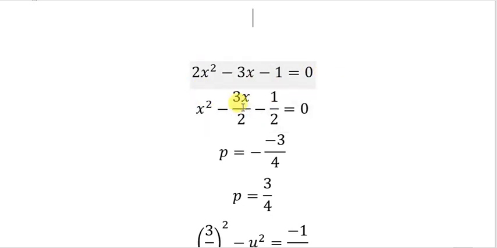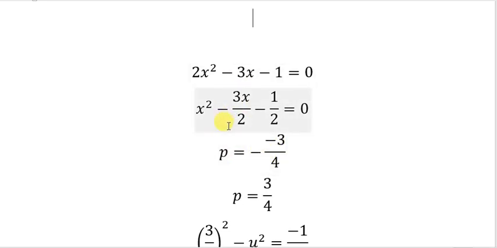Doing that will make the coefficient of x squared become 1. That is to say that the value of b here will become -3 over 2. Now remember, using the Po-Shen Lo method, we need to put it in the setup p squared minus u squared equals c.